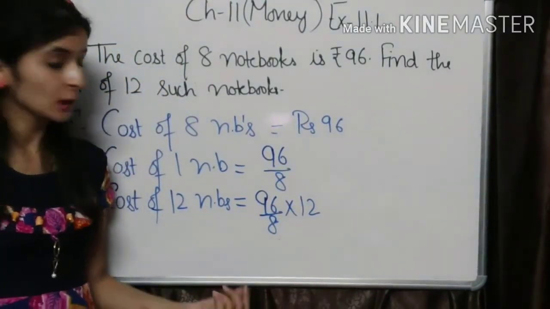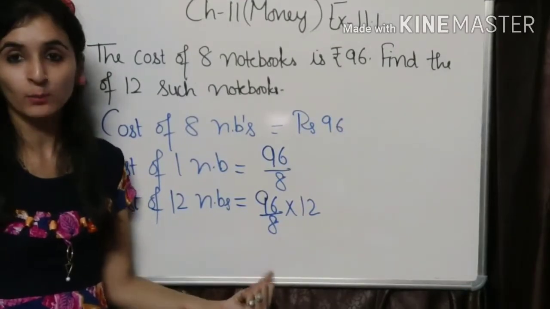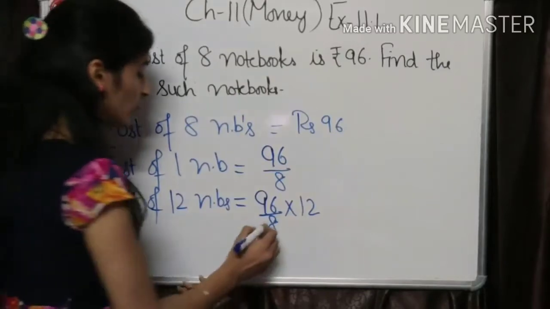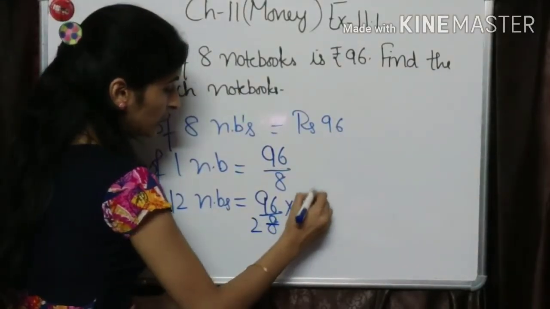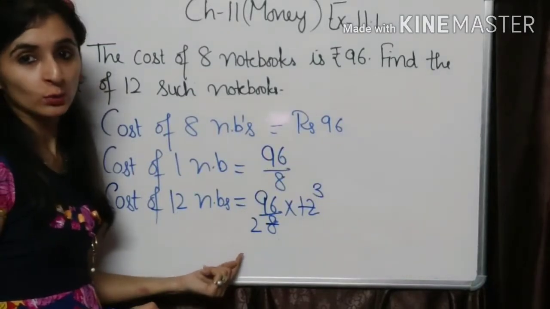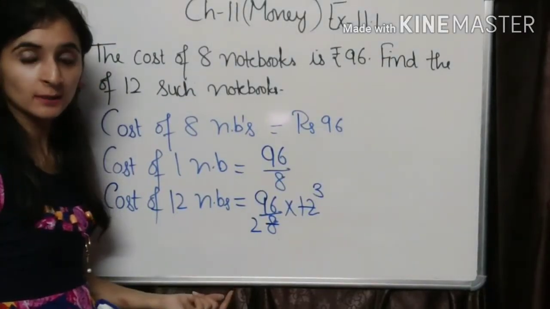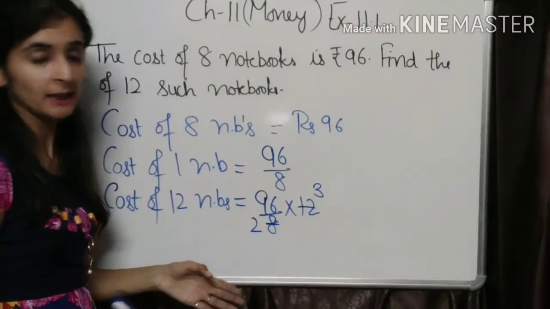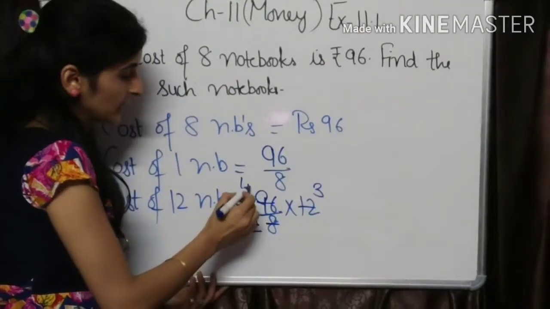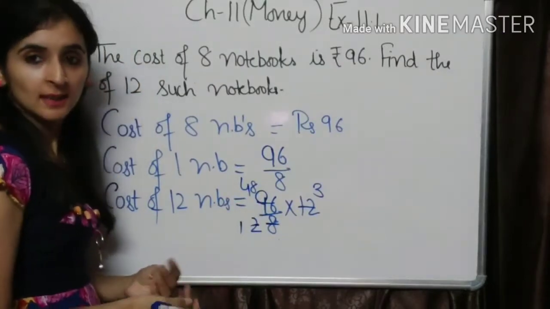Now as we all know that this 8 and 12 both are divisible by 4. So we can divide these both by 4. 4 2s are 8 and 4 3s are 12. Now 96 and 2, these both are divisible by 2. So we can divide these both by 2. 2 1s are 2, 2 4s are 8 and 2 8s are 16.